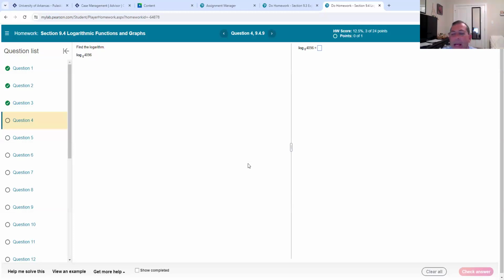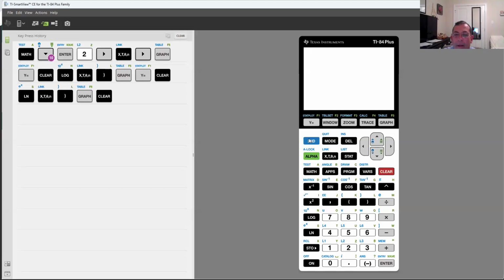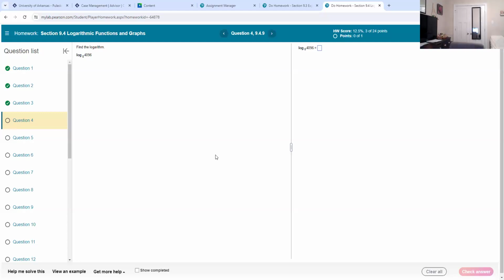All right, so this one has a base 8. So guess what? We're going to use the calculator. This is a log base 8 of 4,096. So how many times do I have to multiply 8 times itself to equal 4,096?